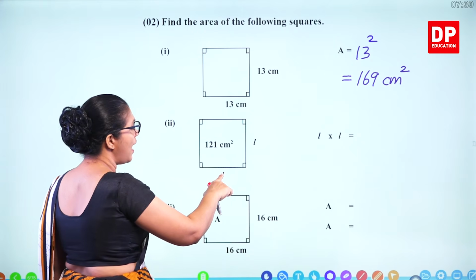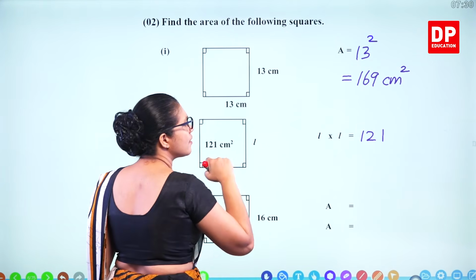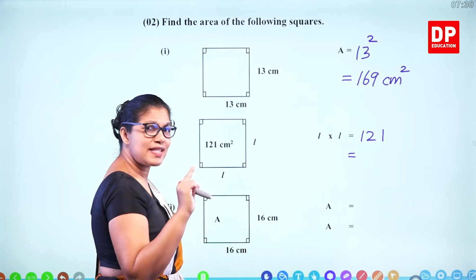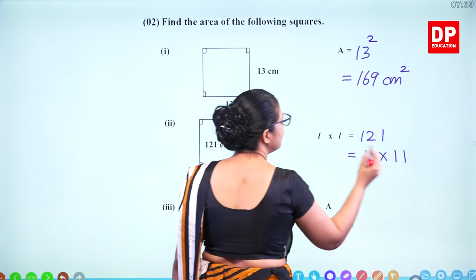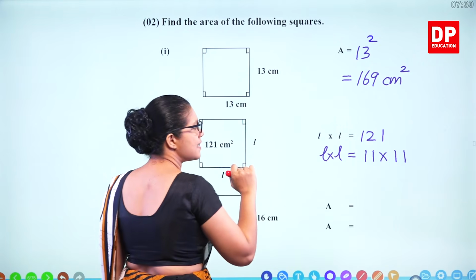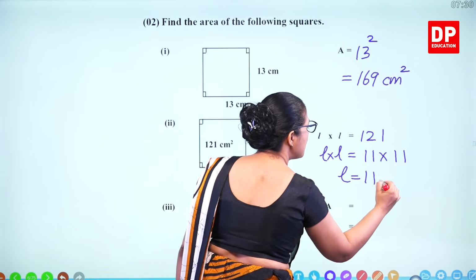So L into L is 121. How can you write 121 with the same number? 11 times 11. So L into L is 11 times 11, means the length is 11 centimeters.